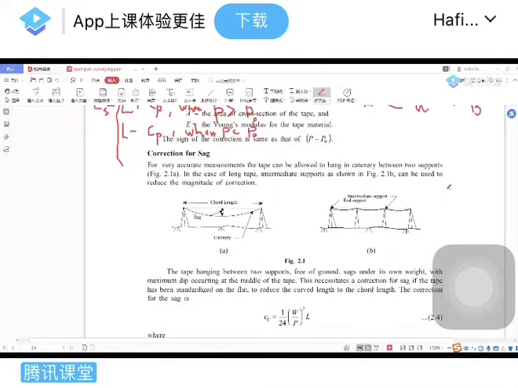Take a look. And this is the sag. This is called catenary. Catenary is a sag. Okay, so this is your nominal one.